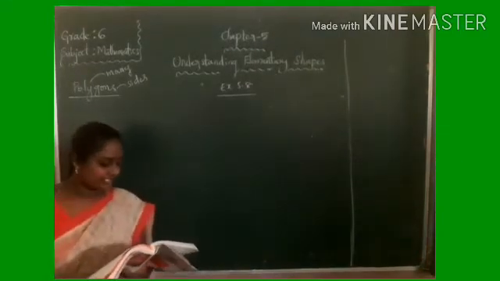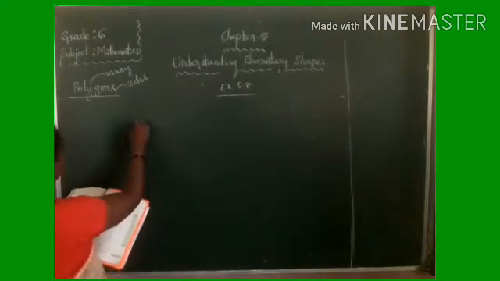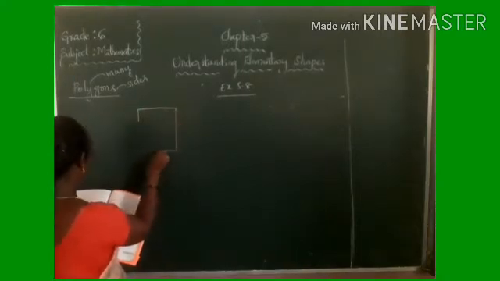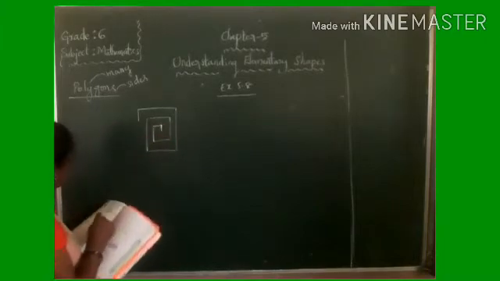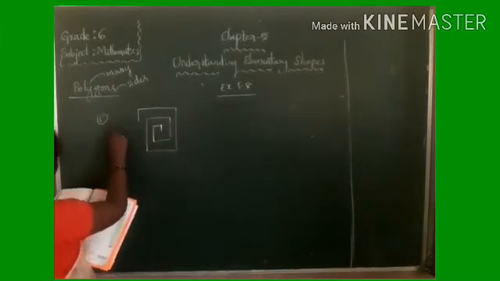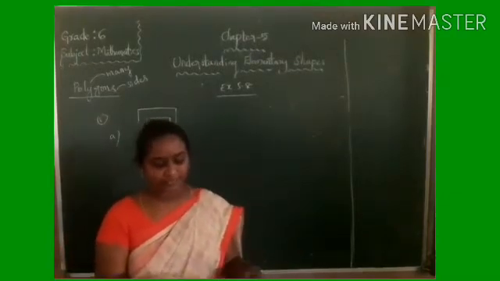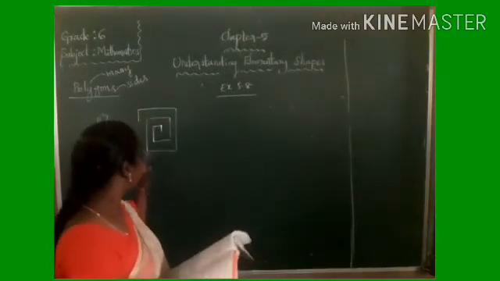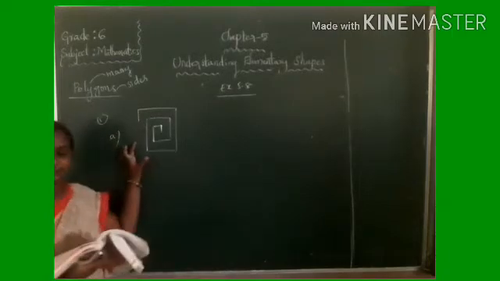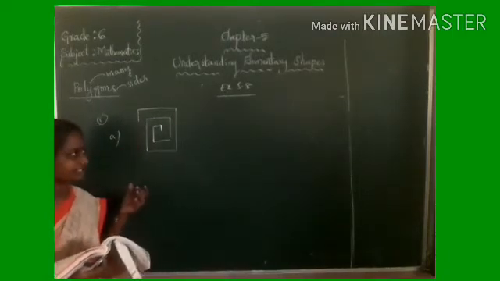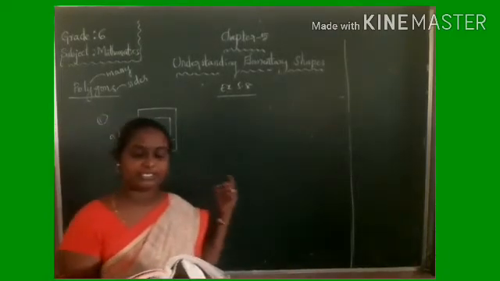Okay, so first one. Observe the figure. First question: whether the following are polygons, if one of them is not, say why. So observe this figure, is it a polygon? So what you have learnt about the polygon?